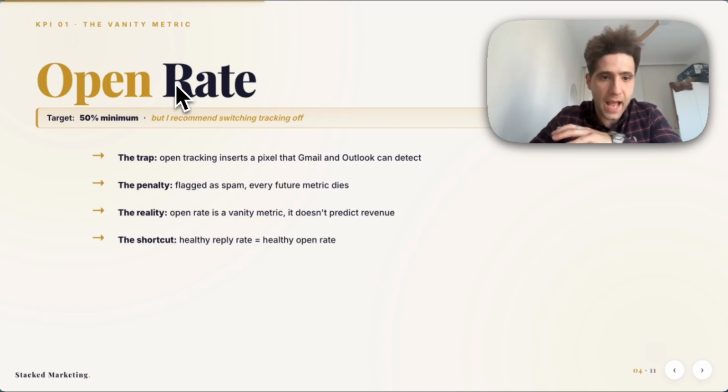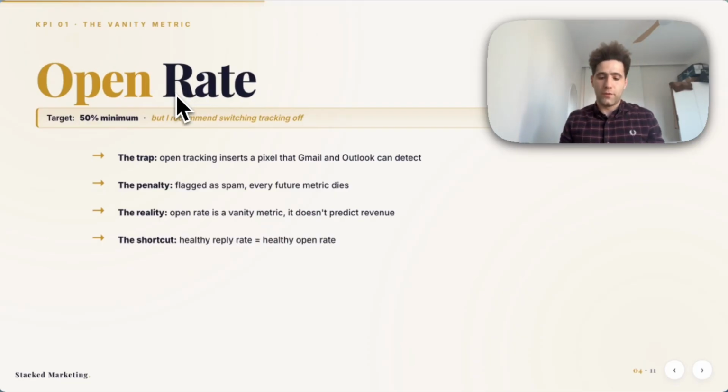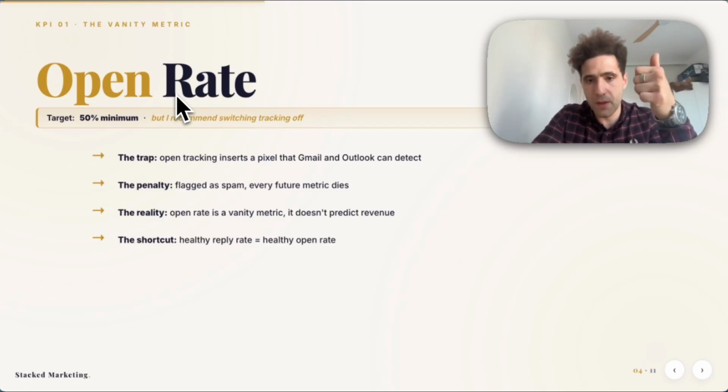This is a bit of a funny one. I personally don't monitor open rates because if you monitor open rates, the cold email software tool that you use, for example SmartLead, attaches a line of code into each email. It's essentially a pixel. And when you send your cold email to Gmail or Outlook, they can both detect this pixel and it looks spammy, and there'll be a higher chance that your cold email will be deemed spammy, so you've got a higher chance of your emails landing in the spam inbox.